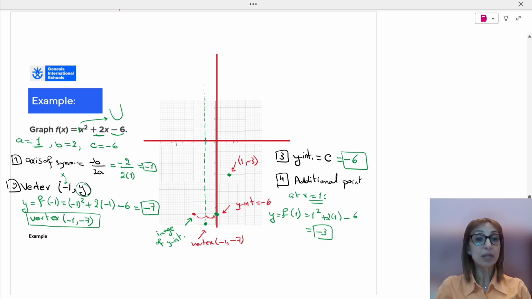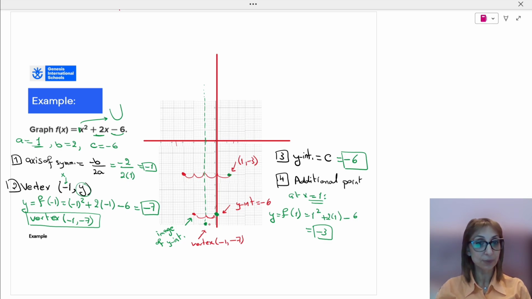And remember, if I have any point on the right of the line of symmetry, I have the same image on the left. So count between this point and the line of symmetry how many units. This is 1 and this is 2. So I'm going to count on the left also 2 units like this, 1, 2, and I will put the image of the point 1 and -3. Now I have how many points? I have 5 points.